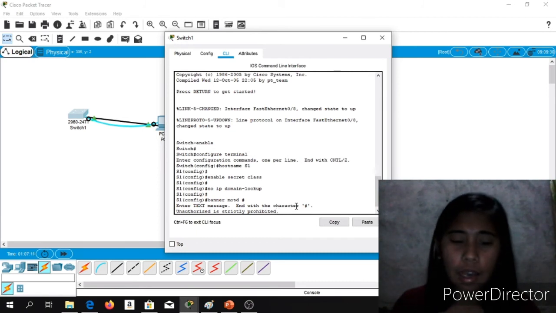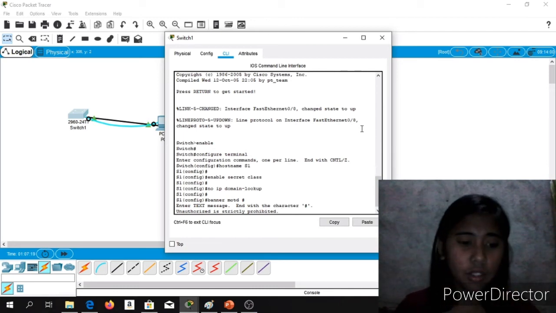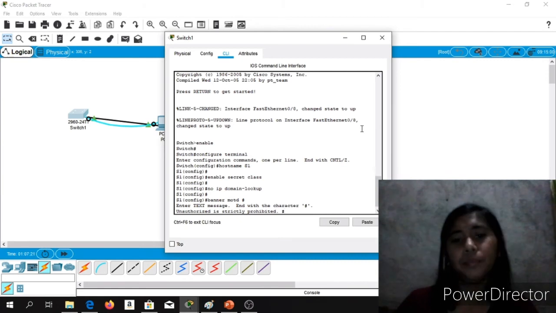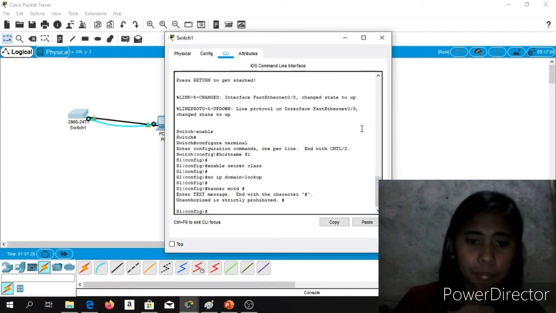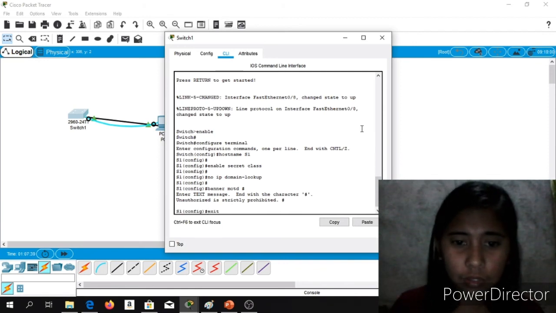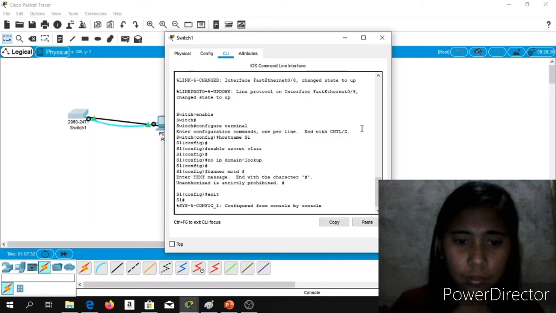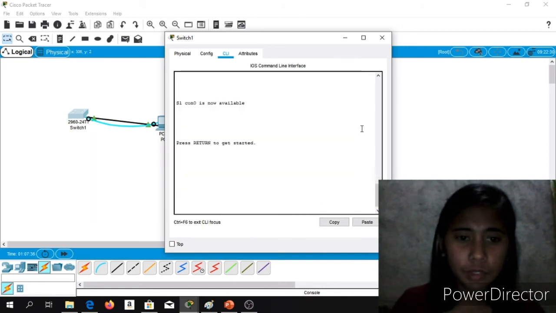And then, like what the CLI said, after that we need to end with the character hashtag. And then exit, and then exit again.